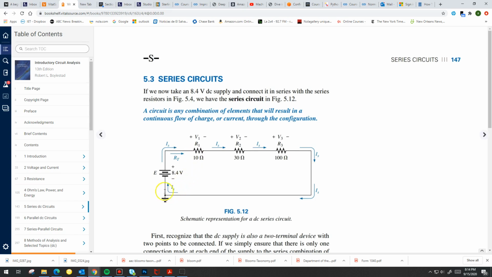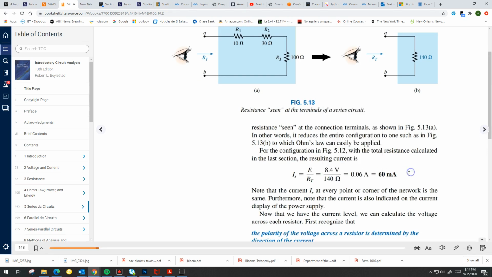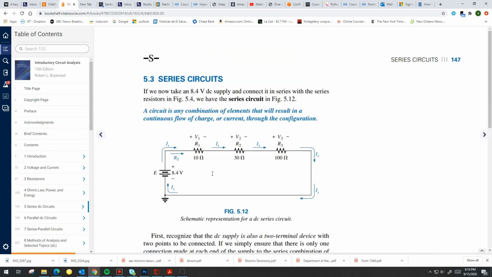In this circuit, the voltage being supplied is 8.4 volts, and the total resistance is 140 ohms, so the current will be 60 milliamps. Again, to know the source current, you have to use the total resistance, not the individual resistances.